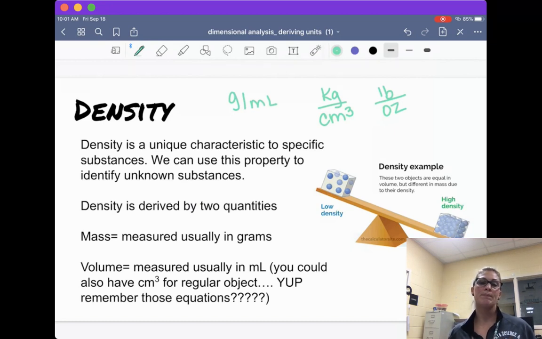Or if you're measuring a regular object, let's say we are measuring a cube, we can actually take a ruler and measure it in length times height times width, our rectangular volume equation. So as long as, again, you're using a unit of volume and a unit of mass, you can create a whole bunch of two-dimensional units for density.